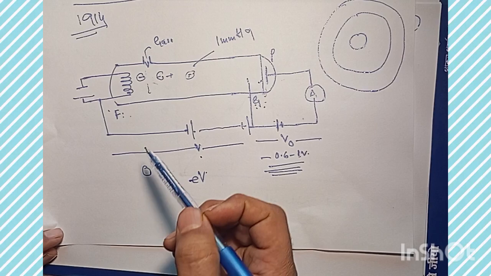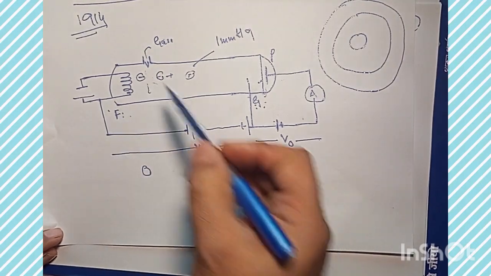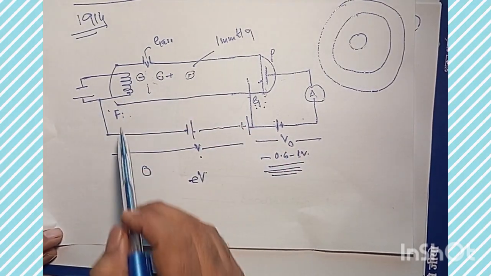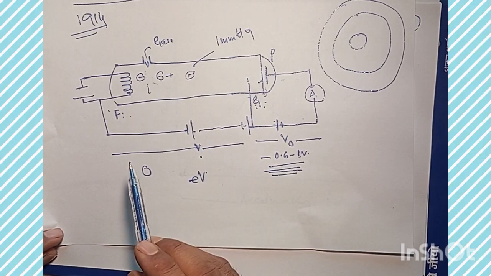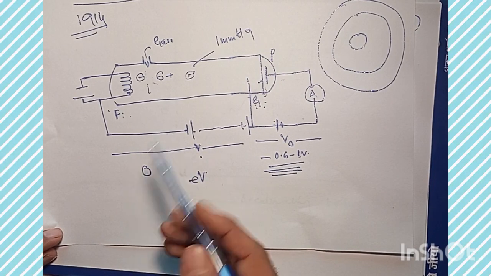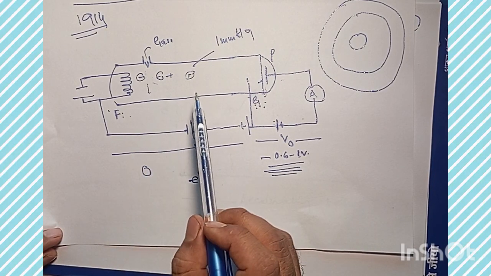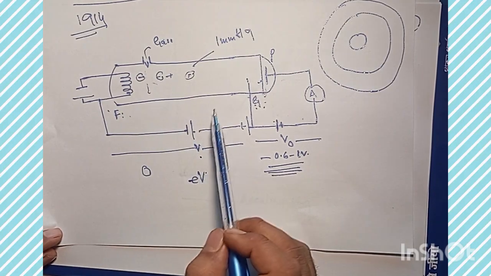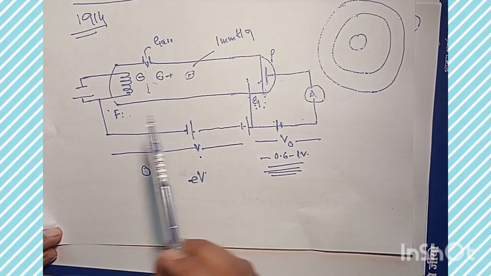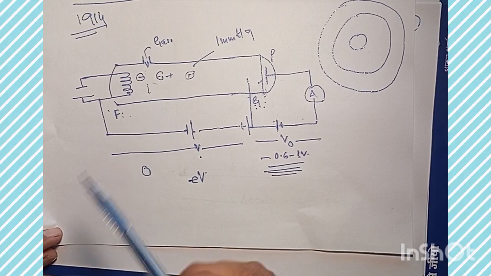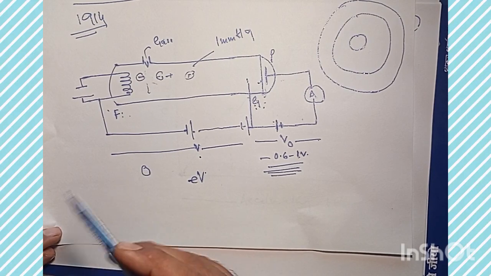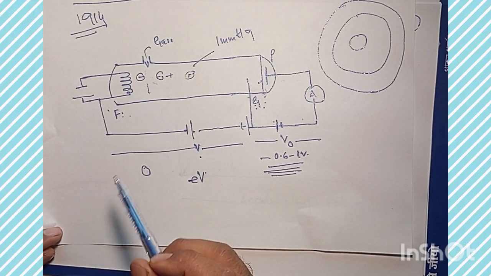It's not like all the energy of the electrons that come from this filament will be absorbed by the atoms. Between F and G, these electrons collide in elastic collisions, and their energies are not sufficient.